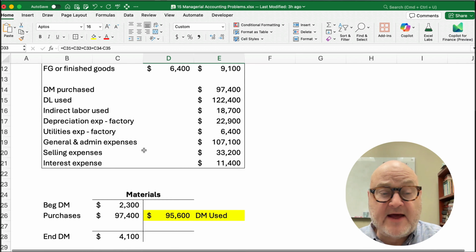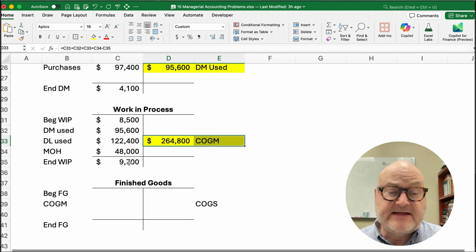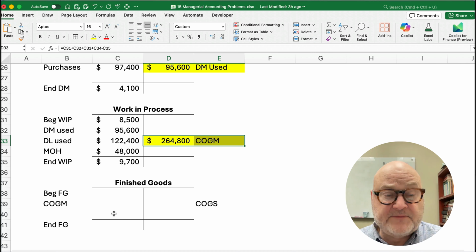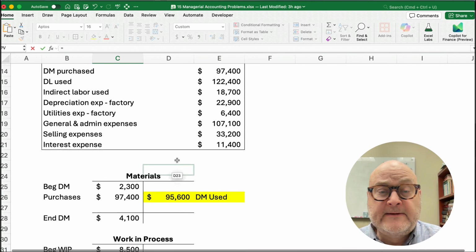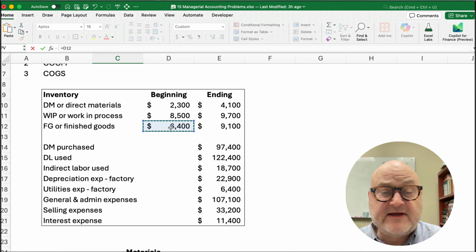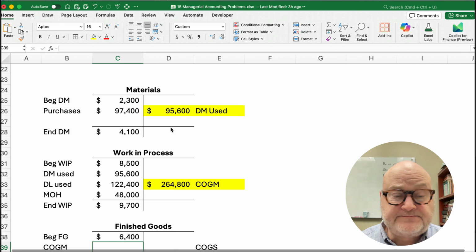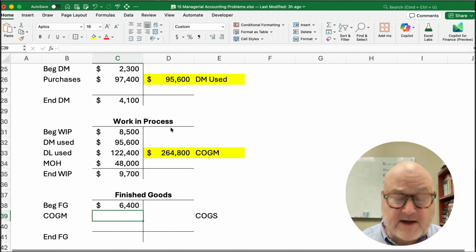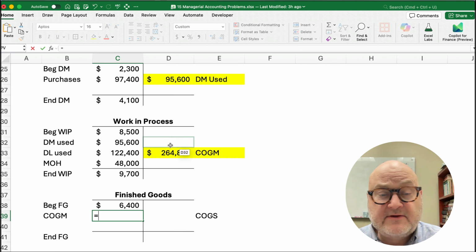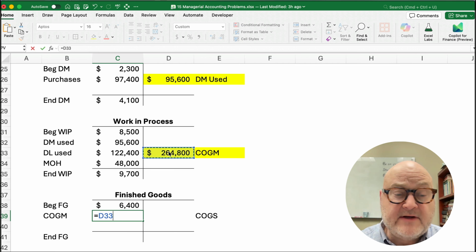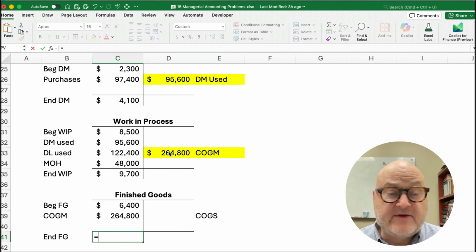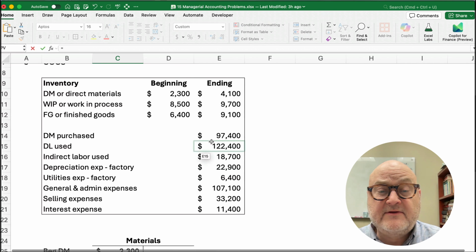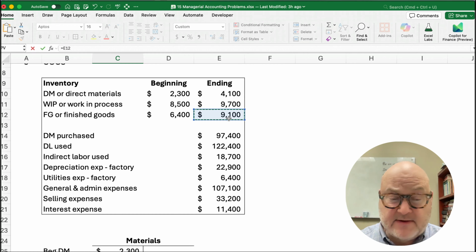We're finished. Now the last thing we need to do is calculate finished goods. Well, we have beginning finished goods, what we started with, and these are goods that are ready to sell, 6,400. And then we have cost of goods manufactured, 264,800. And what we still have left that we did not sell is going to be ending finished goods, 9,100.